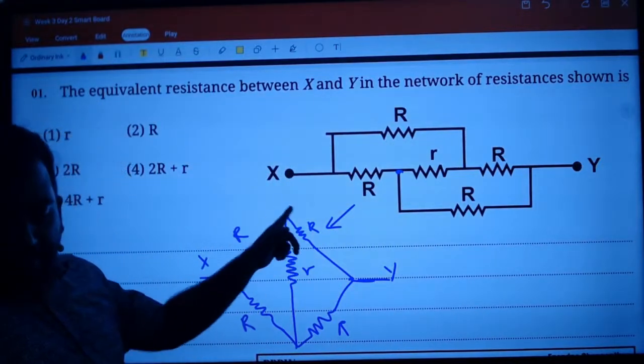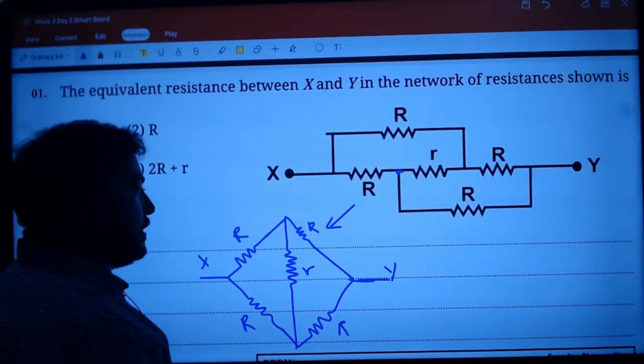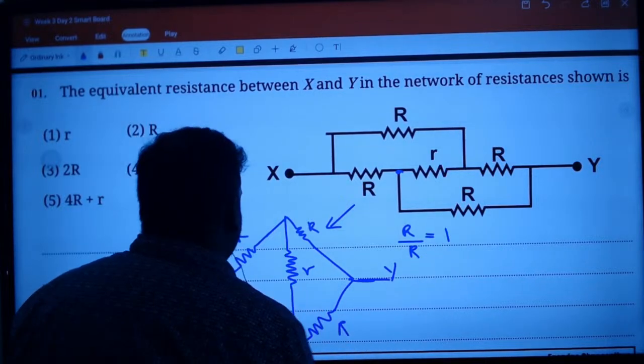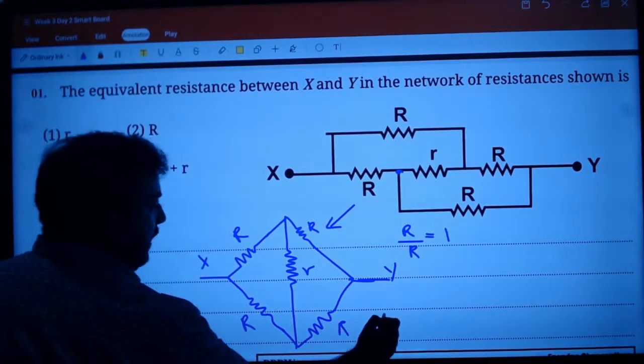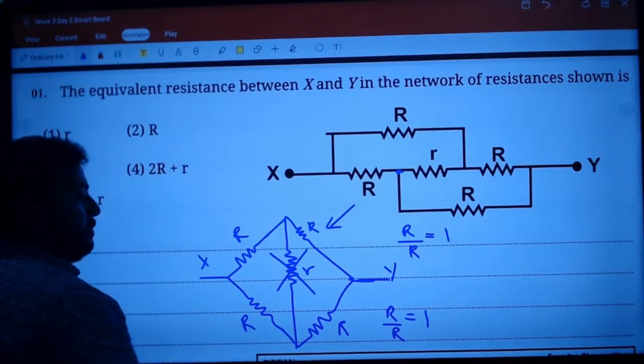Ratio here and ratio here are both the same. So R divided by R is 1, and the center resistor completely cancels off.